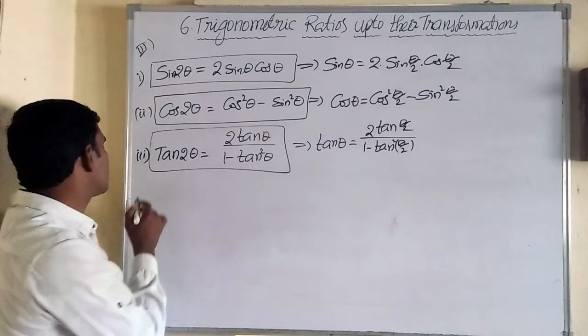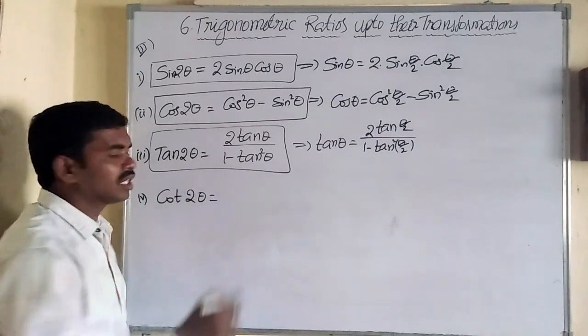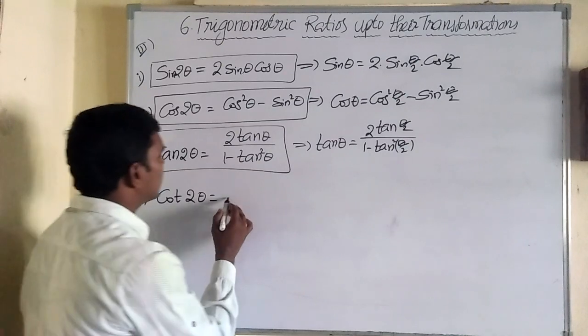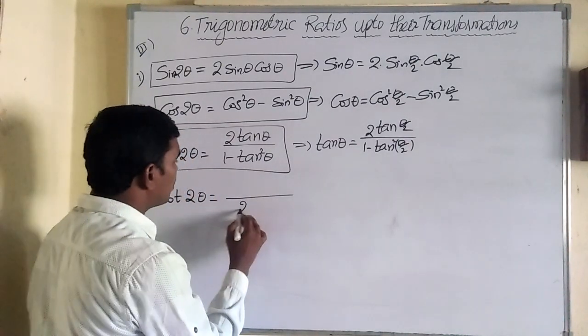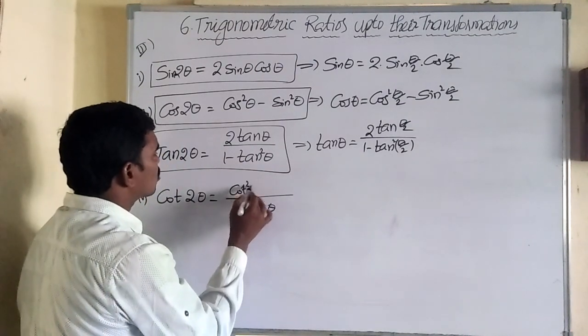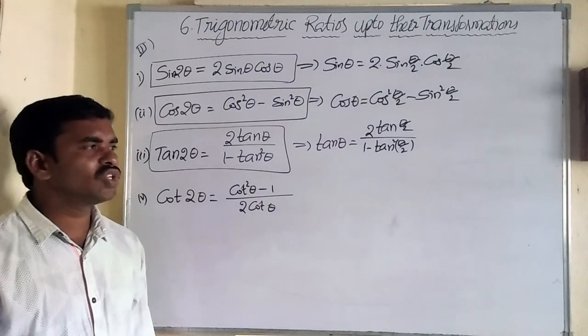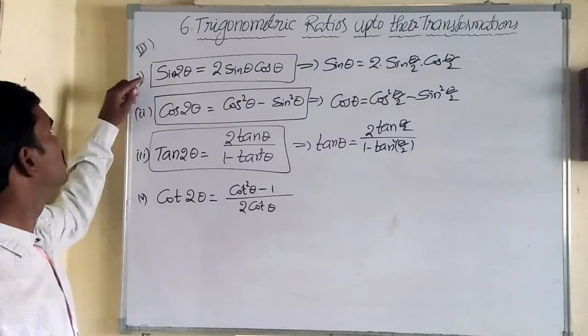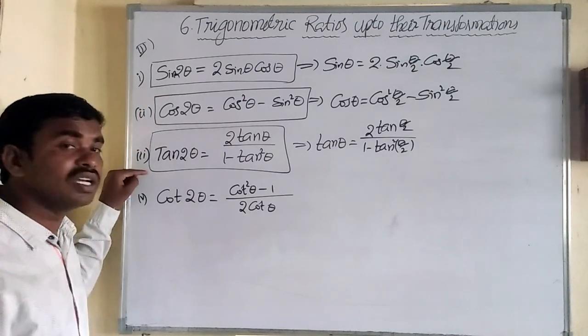Similarly, if you want cot 2 theta, you can derive that also. In the denominator you get 2 cot theta, in the numerator cot square theta minus 1. This is not mostly used; we mostly use the sin 2 theta, cos 2 theta and tan 2 theta formulas.